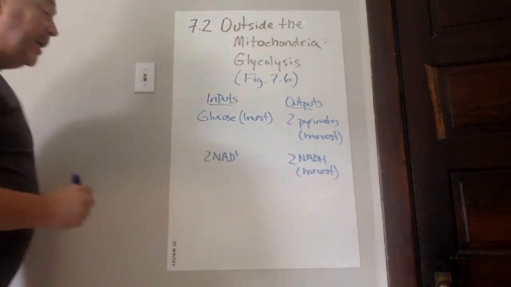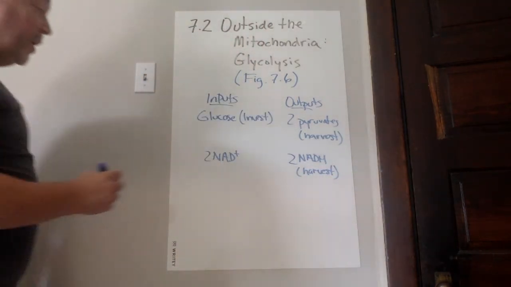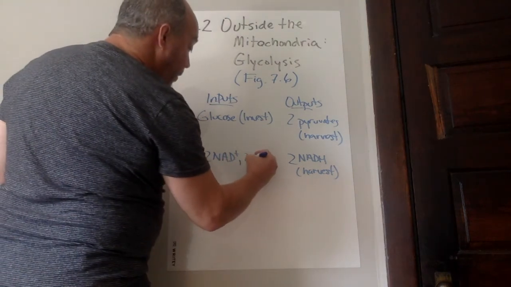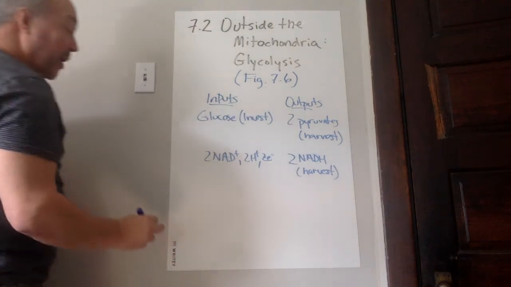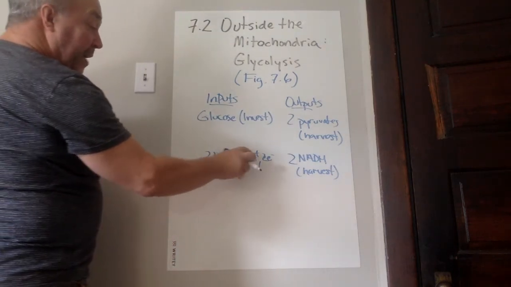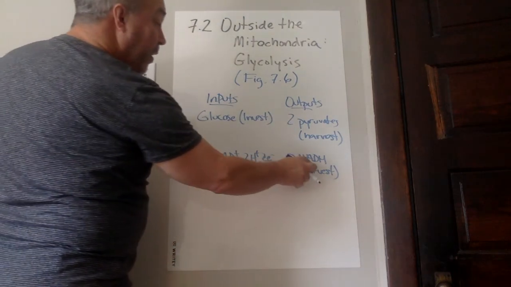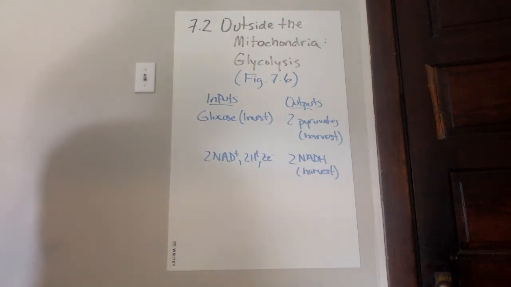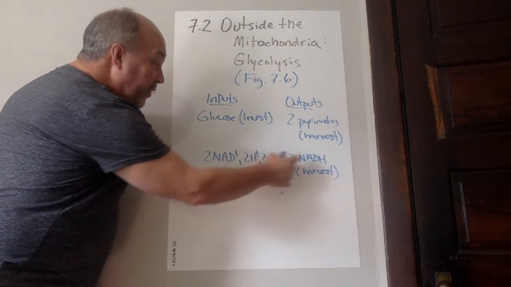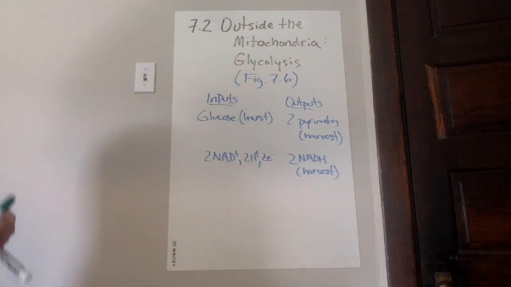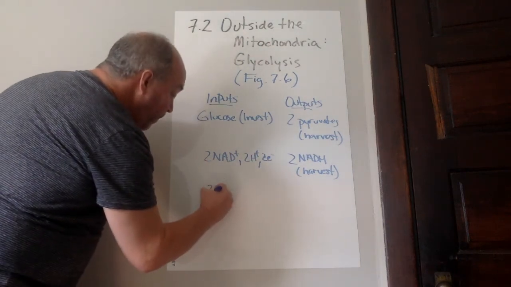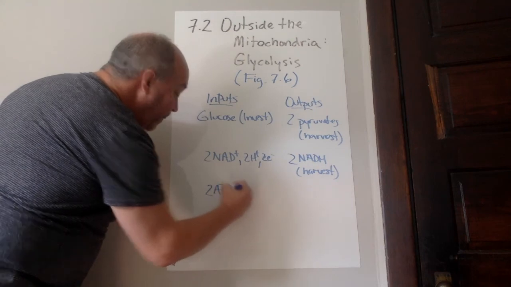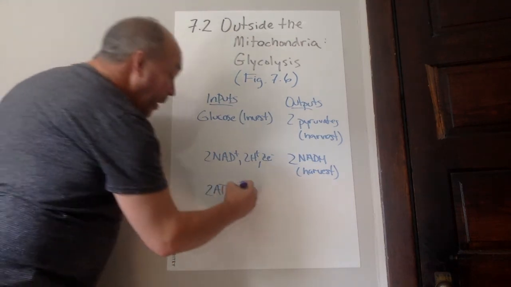This is happening during the harvest. So NAD is an input. And even though they didn't put it, we also put in 2 hydrogen ions. And we also put in 2 electrons. An NAD plus a hydrogen plus an electron will get us NADH. Because remember, H plus and an electron are a hydrogen. We will have an input of 2 ATP during the investment part.